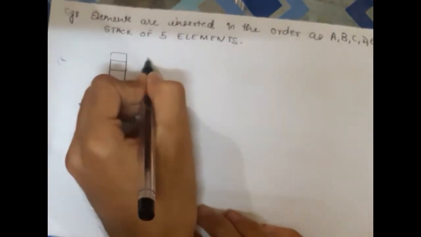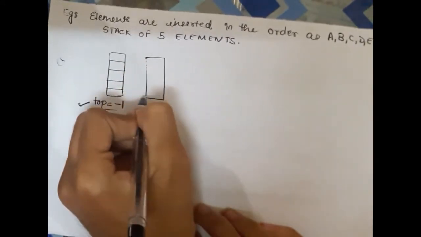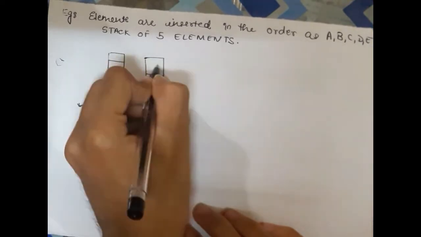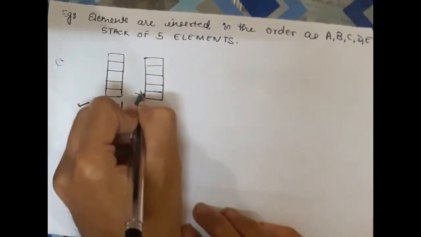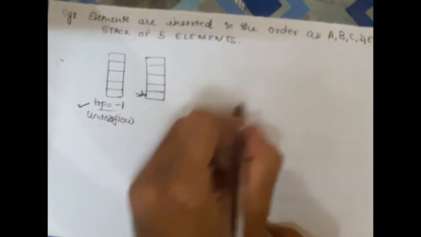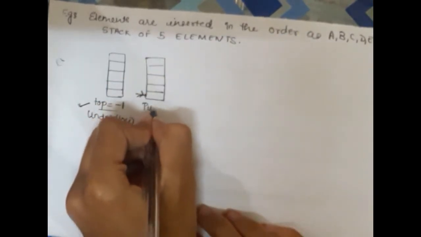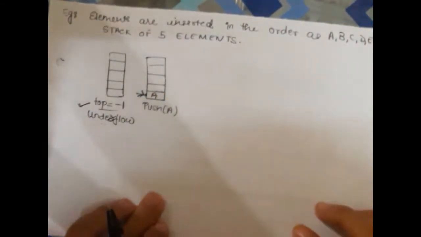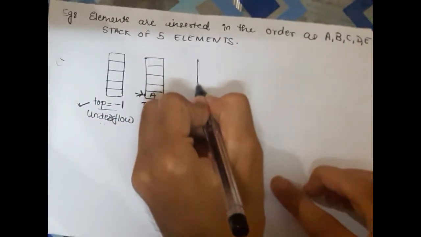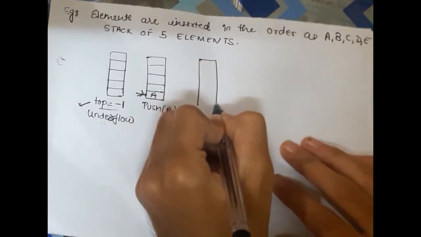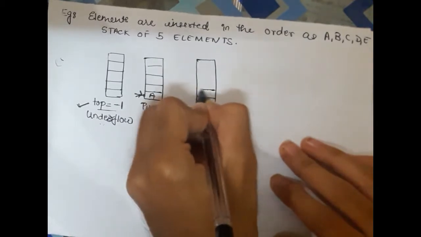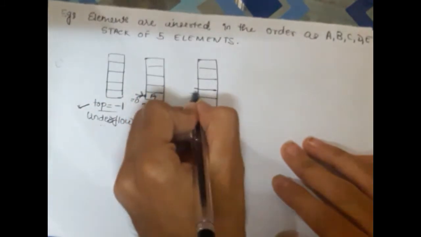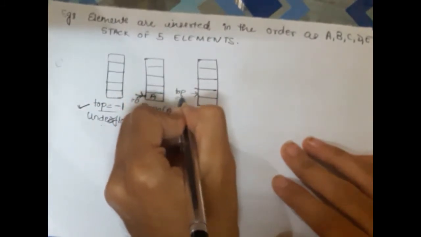The top will be incremented first. Top will be incremented. It will point here. And element A will be pushed. Now again top will be incremented. Here top equals 0. And here top equals 1.